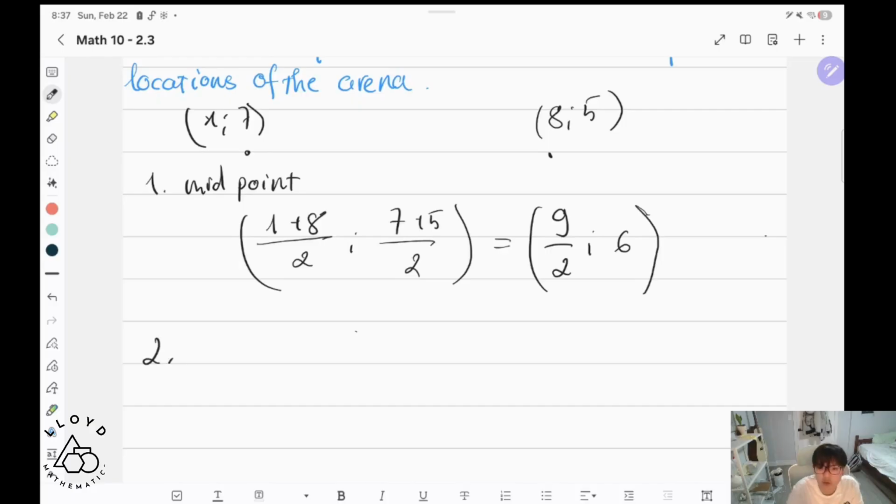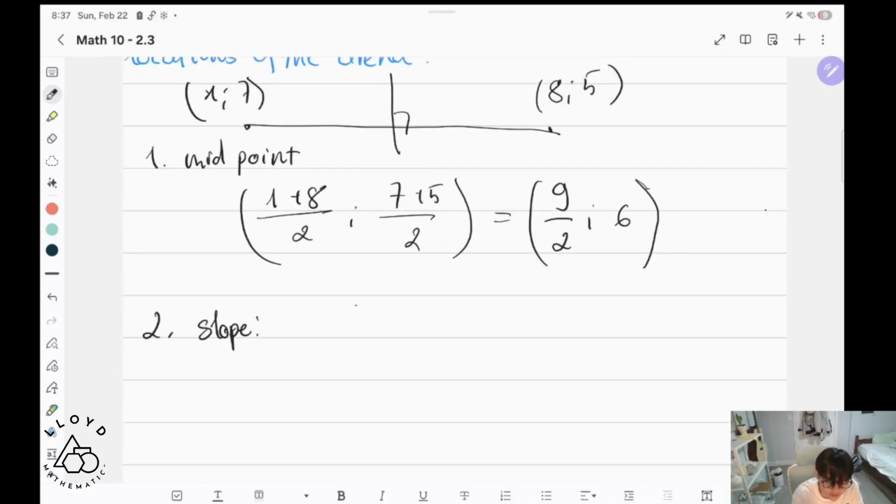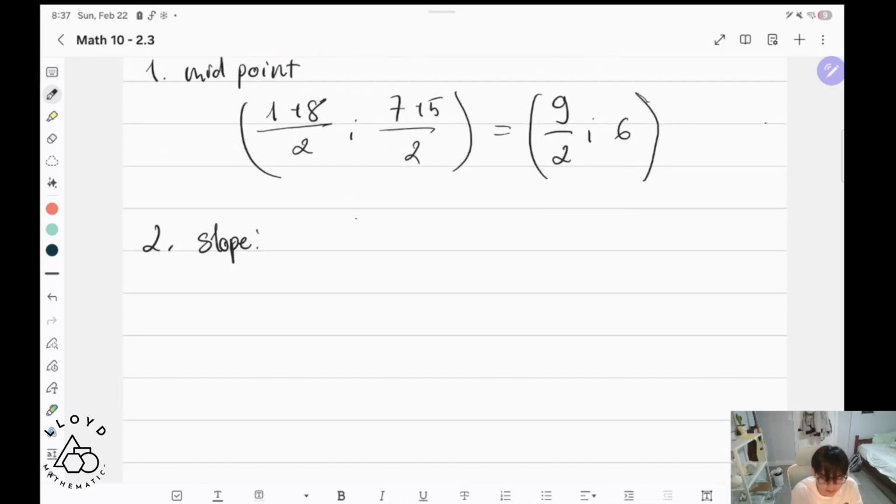What we are missing is the slope of the perpendicular line, because that line needs to be perpendicular to the original one. So we need a point it goes through, which is the midpoint already, and the slope. Before we find that slope, we need to know the slope of the original line first.